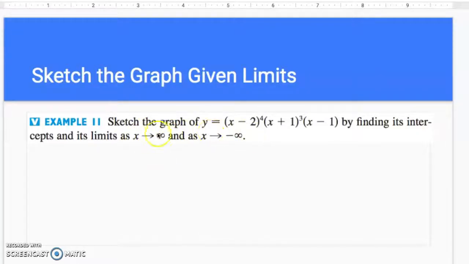Now this, in pre-cal, we were able to determine without limits because we found the degree of the entire polynomial and we decided whether it was even and it went up like a parabola or down like a parabola, or we looked at the degree and decided whether it was odd and it went in opposite directions, so either down up or up down, just like a cubic function. So you can use pre-calculus to graph this, but you also should now be able to use calculus to sketch this graph. So let's do it together.